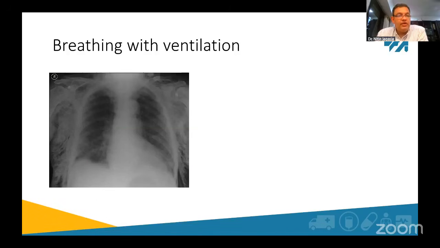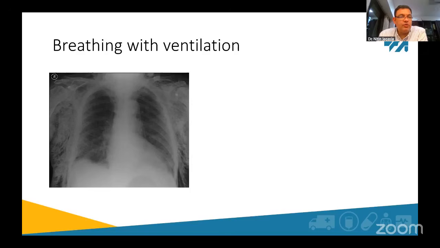Breathing would go with ventilation. Again, you've got a slide there. Hopefully the X-ray is projecting well. I will tell you what is on it, but I'll give it a few seconds to see if you can make out what we are trying to see here. As you can see, the soft tissue doesn't look very clean.